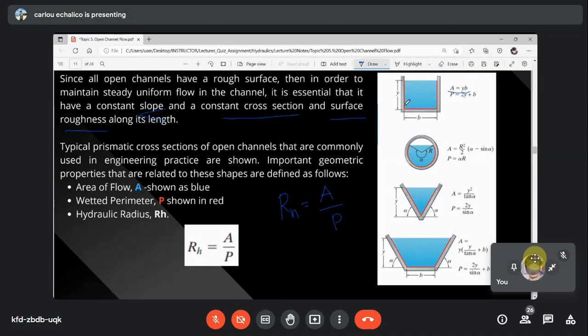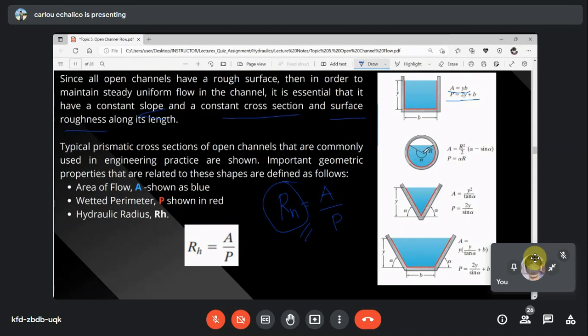Ang wetted perimeter is just 2y plus the b. So if you get the ratio, gitawag na to na hydraulic radius. So, that is just the area over the wetted perimeter.